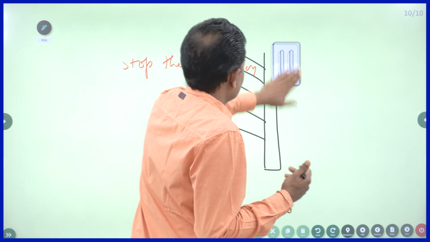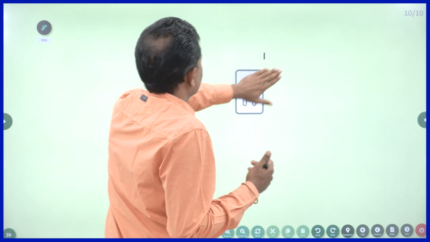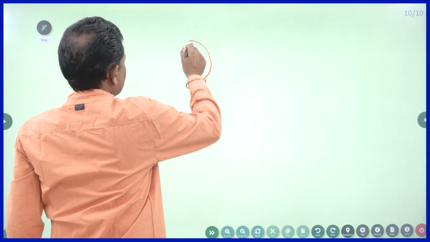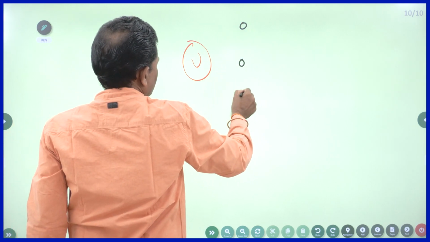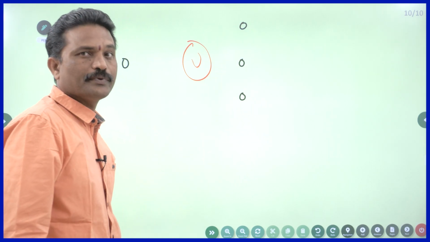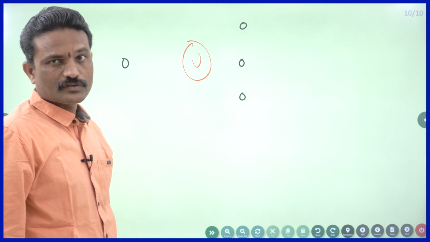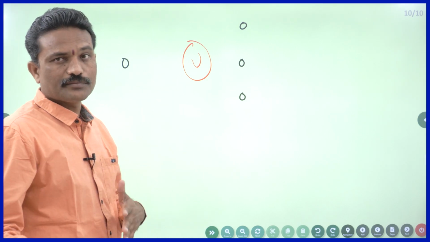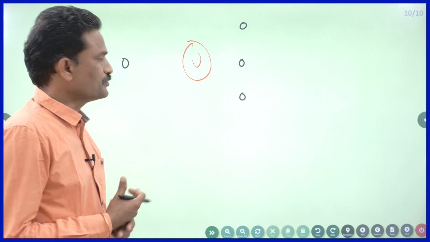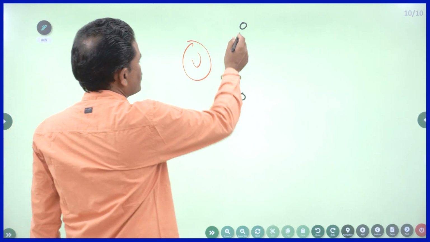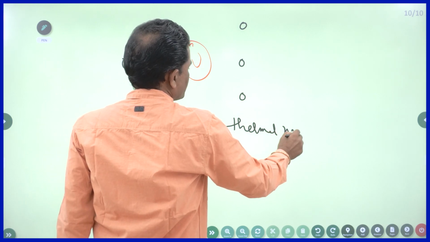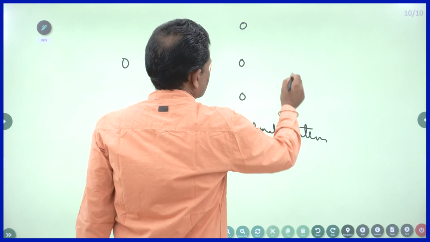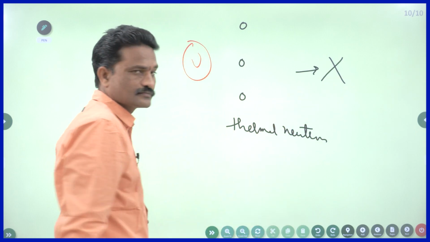Next. Just now we discussed in the reaction, so this is one uranium, when bombarded with one neutron, I may get 2 or 3 neutrons. On an average, we get 2.5 neutrons. In some cases, we will get 2, in some cases 3, the average is 2.5. These neutrons are not thermal neutrons. If they are not thermal neutrons, the further reaction will not continue.